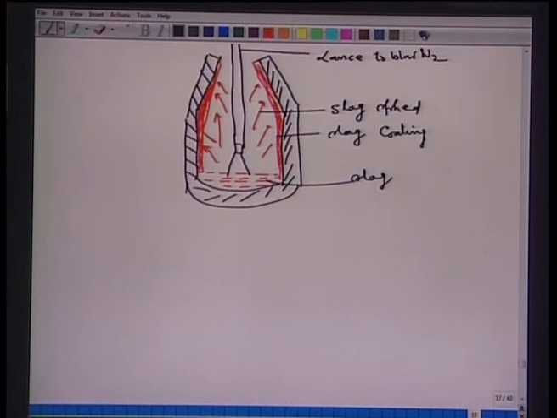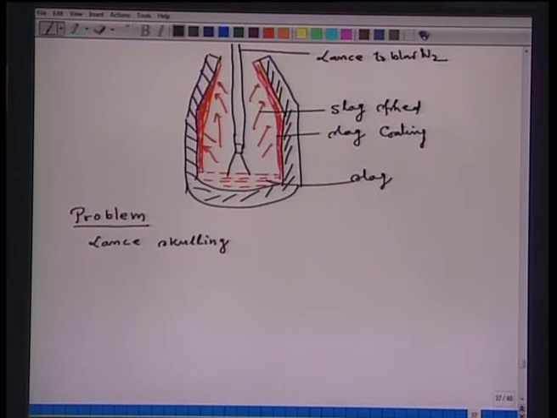Now, some of the problems in slag splashing. Lance sculling is one problem, because slag is relatively viscous.